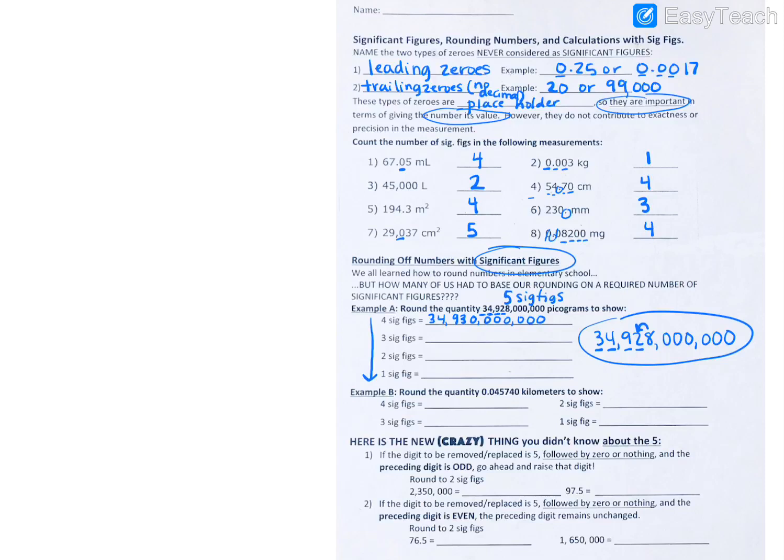Now, in our next one, we are going to reduce this to 3 significant figures, okay? So when we reduce this to 3 significant figures, that means we get to keep the 3, the 4, and the 9. Now, the 2 is not enough to advance the 9.